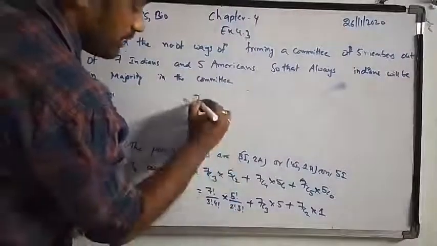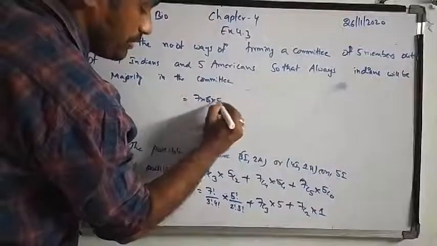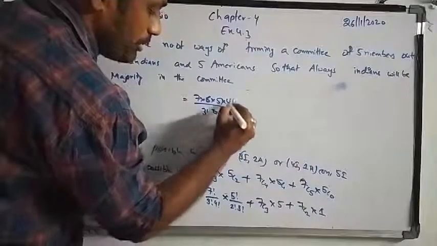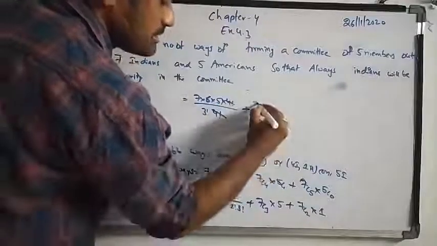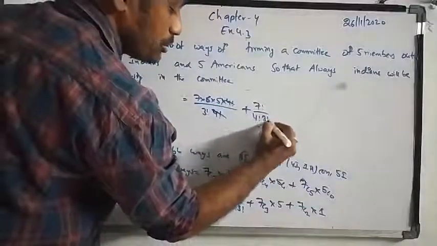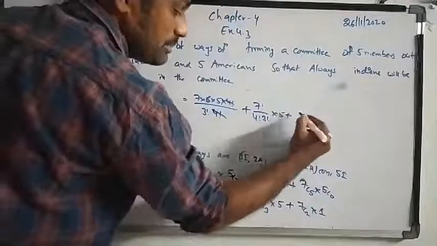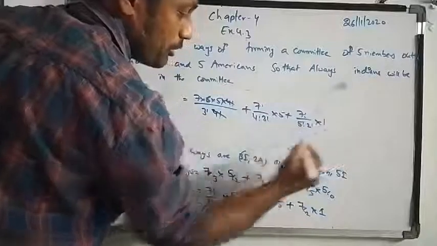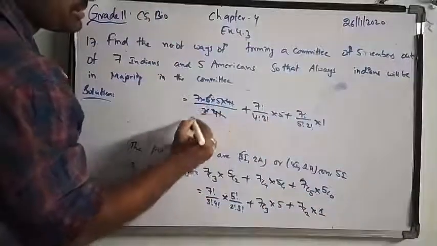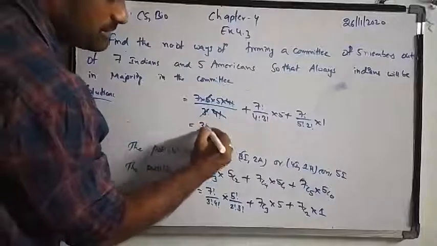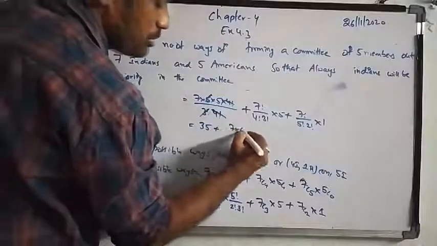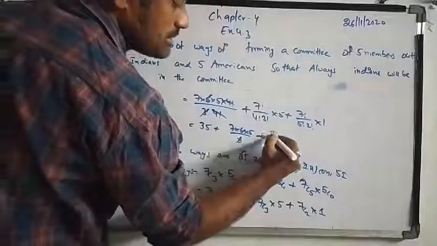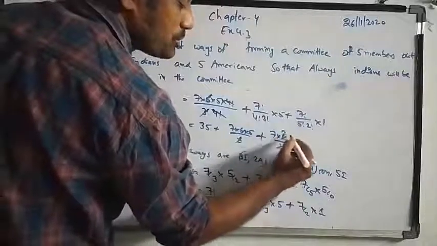So this can be written as 7 into 6 into 5 into 4 factorial divided by 3 factorial into 4 factorial, plus 7 factorial by 4 factorial into 3 factorial into 5, plus 7 factorial by 5 factorial into 2 factorial into 1. So 3 and 6 get cancelled. So 7 into 5 is 35, plus 7 into 6 into 5 by 6, the 6 gets cancelled, plus 7 into 6 by 2, which is 7 into 3, that is 21.